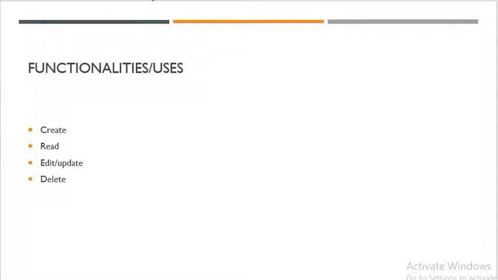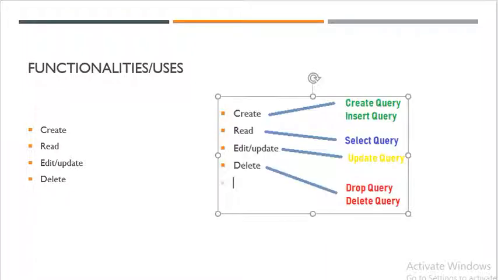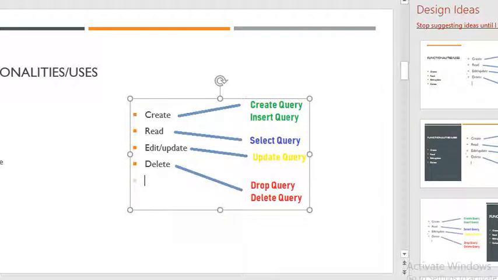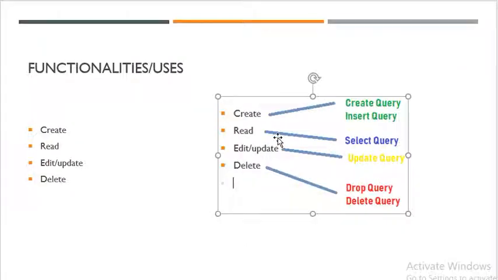Okay, so we use various types of queries to create, these are some basic activities, and we use queries. So these are some basic queries that we use to create a database and use various functionalities.